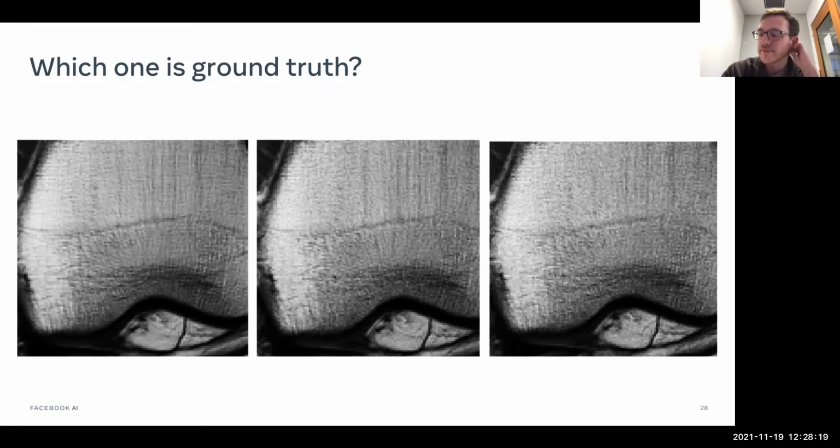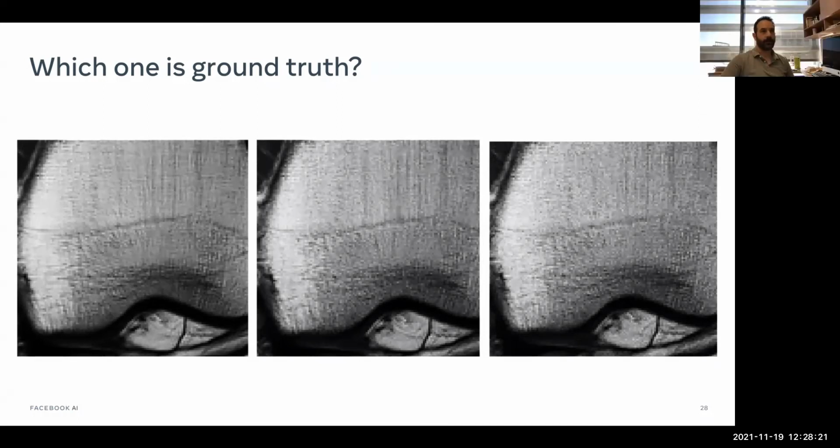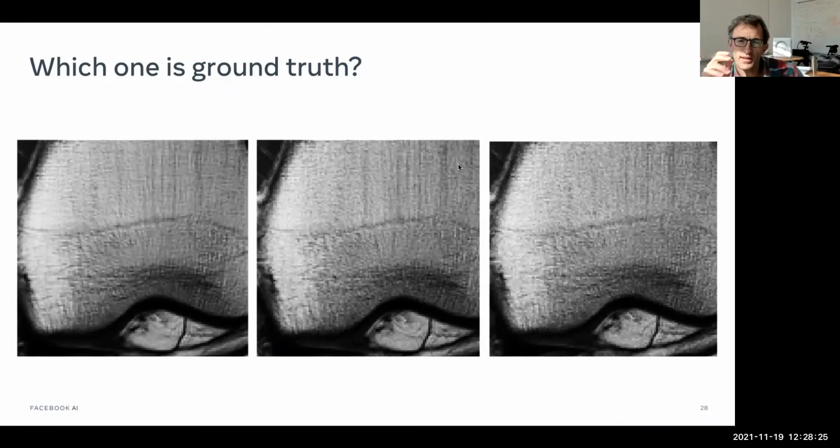Yeah. Also, Konstantin, you have a question? I've got a question. I can understand the radiologist feedback you get. Is it what we might call reference blind? Are you just showing them something and they're saying, oh, I like this, I don't like it? Or are you saying, this is ground truth, which do you prefer?